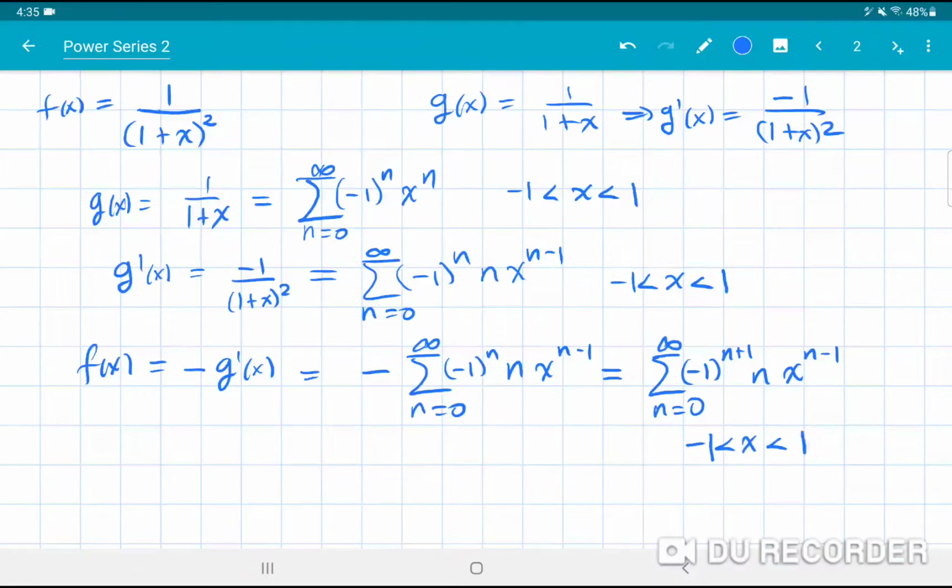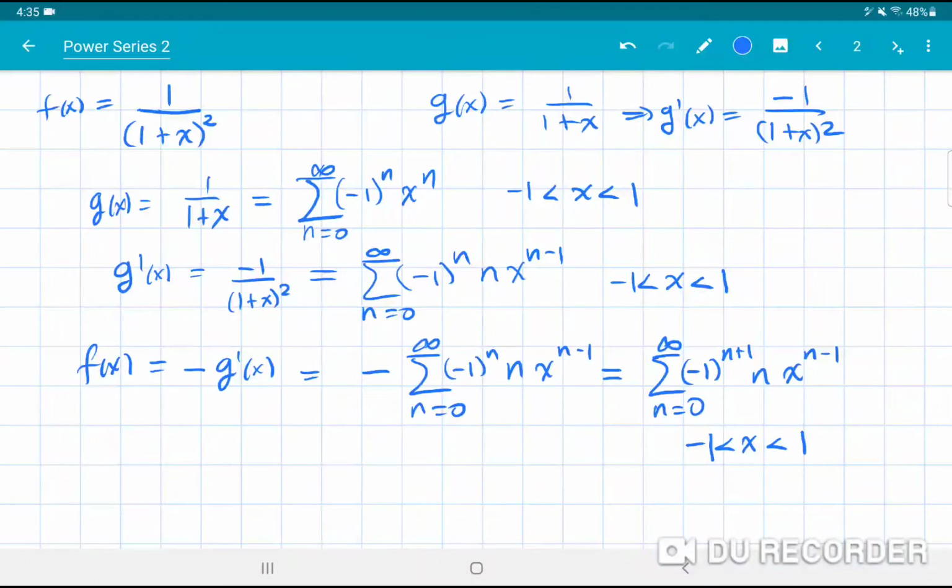You can check, stick -1 in for x, you're going to get a divergent series. Stick 1 in for x, you're still going to get a divergent series. By differentiating, we cannot increase the interval of convergence. Might possibly decrease it, but not increase.